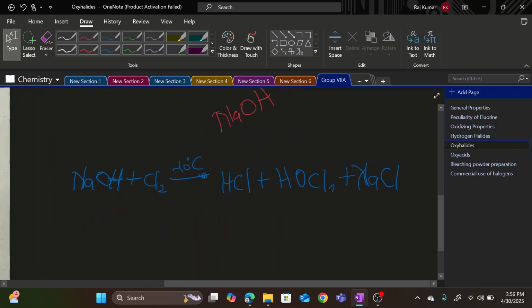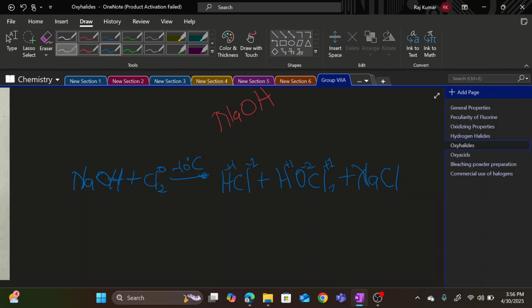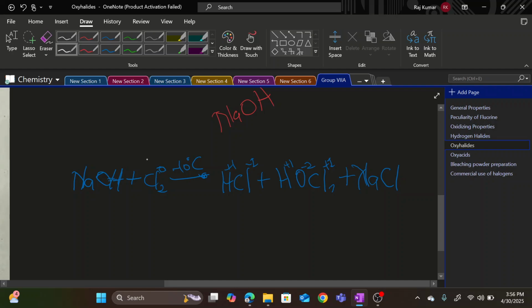Now, if you see in this reaction, the oxidation state of chlorine here is 0. In sodium chloride, its oxidation state is -1. In hypochlorous acid, its oxidation state is +1. So you might see that when this reaction happened, the oxidation state changed to -1 as well as to +1.